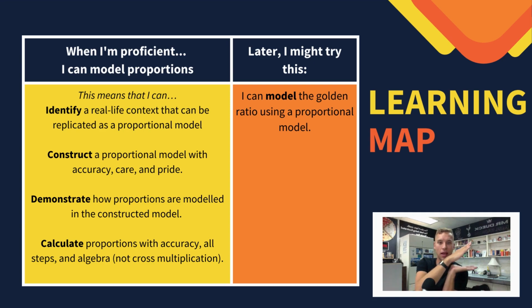At the same time, we moved the class along, with one group of students investigating the golden ratio and finding a way to model it, while the other group of students created a scale or proportional model of their choice. One group demonstrated early proficiency and showed that they could go deeper, not only modeling a proportion, but seeing and proving the golden ratio. And everyone else stuck with the prescribed learning target.